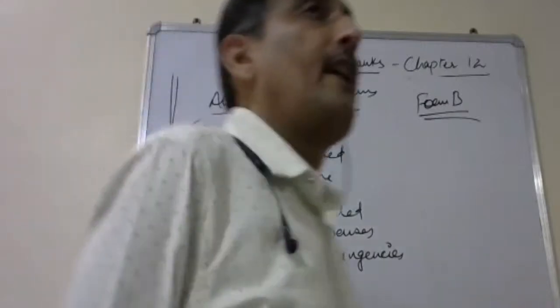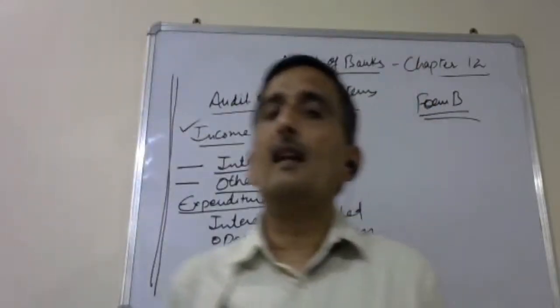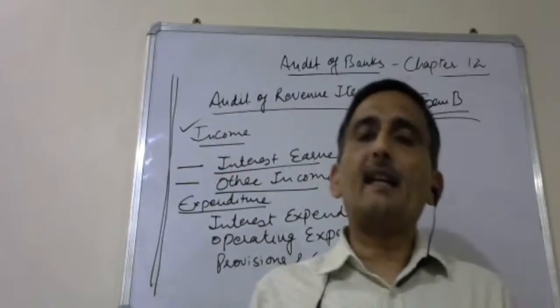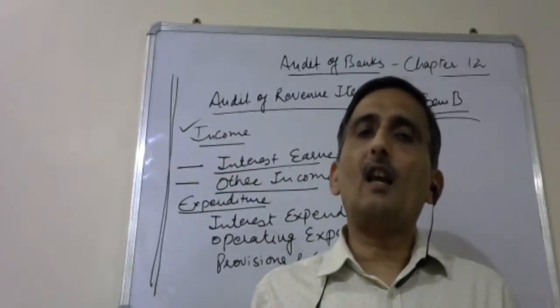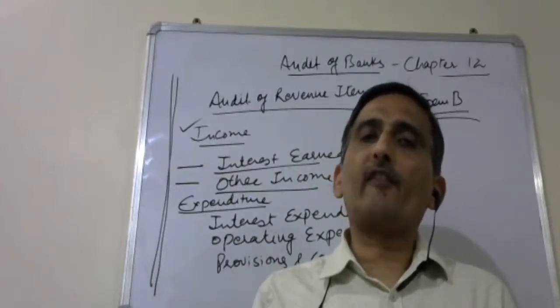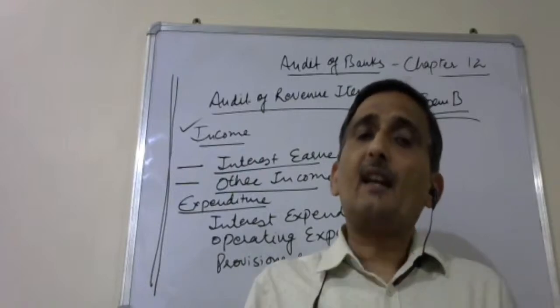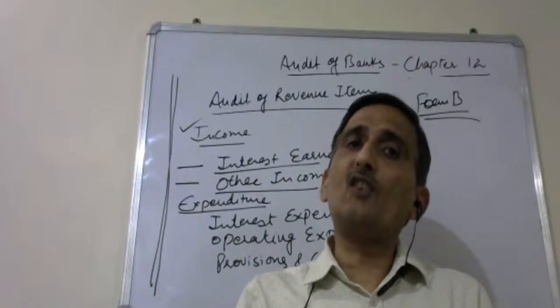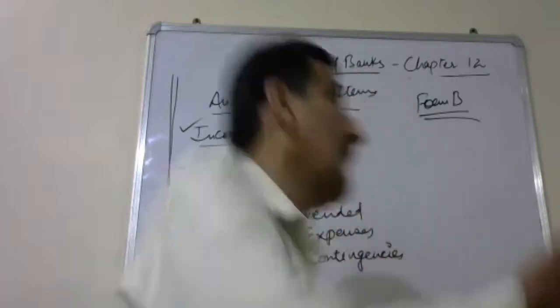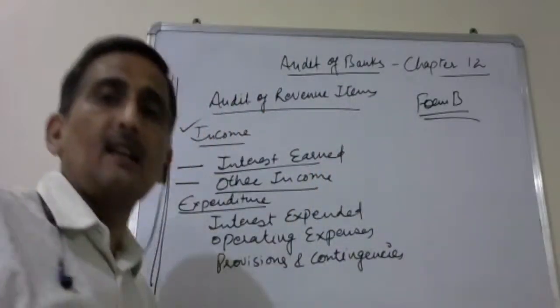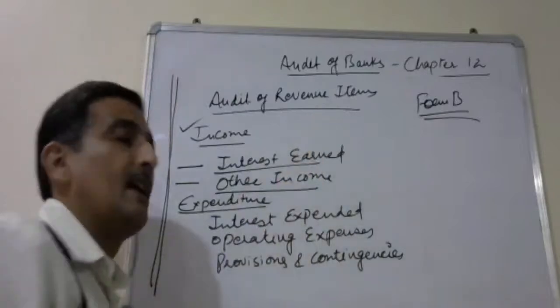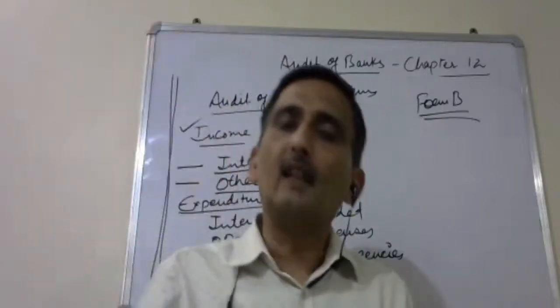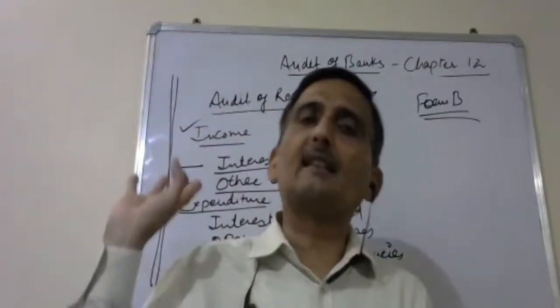And profit on sale of investments, and credit card fees, all these types of transactions. Any income which is not in the nature of interest would fall under the head other income, because there is no other head. There are only two heads: interest earned and other income.